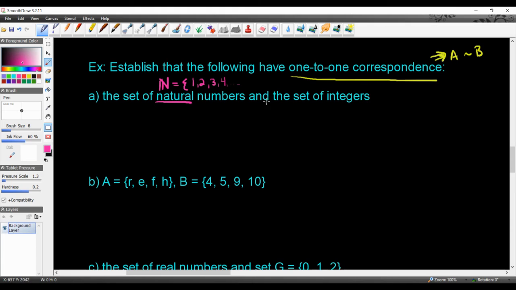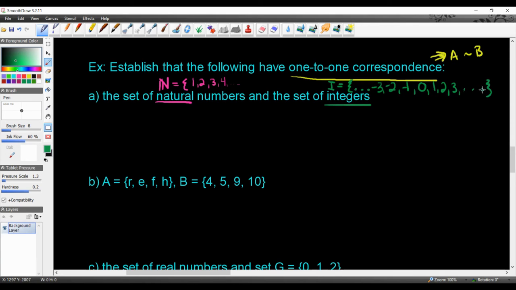The set of integers, on the other hand, is represented in our book by an I. This one starts with the negative numbers, with those dots where you have -3, -2, -1, 0, 1, 2, 3, and so forth.